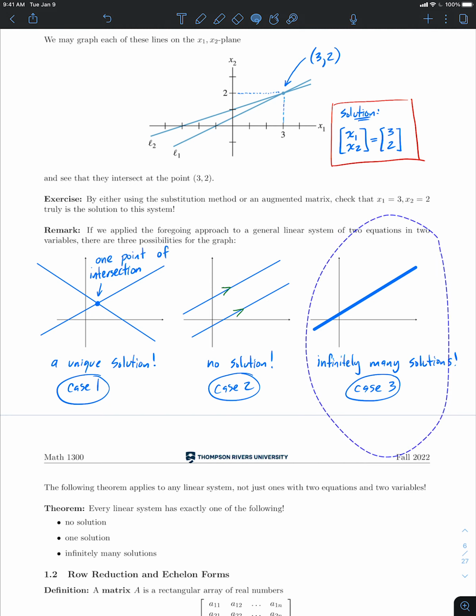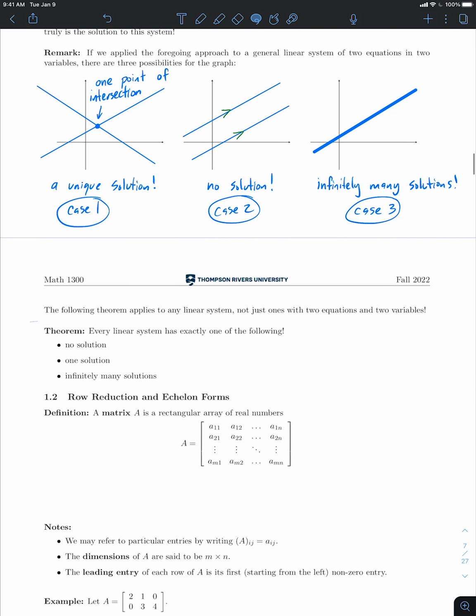Now our justification here only applies to the case where you have a linear system of two equations and two variables, but I can give you some good and exciting news, which is the following. It turns out that the same phenomenon will happen with any linear system. It doesn't matter if you have 2 variables or 22 variables or 122 variables.